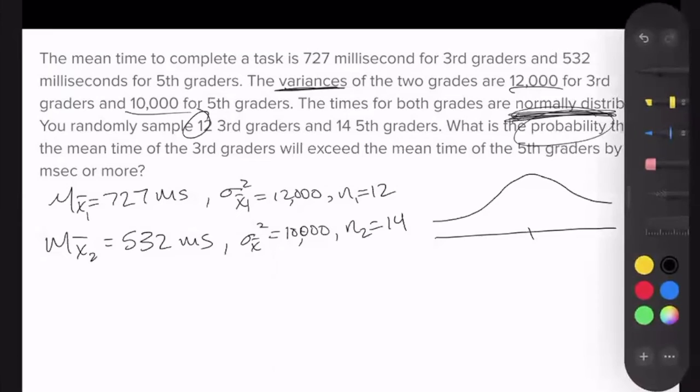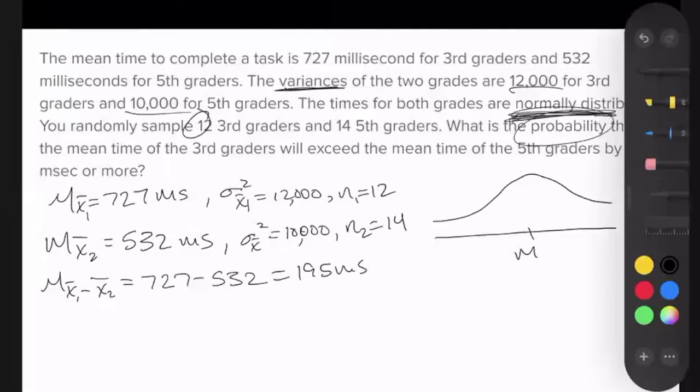And so I need a mean, so I'm just going to subtract again. 727 minus 532, and that's going to give me 195 milliseconds for my mean.